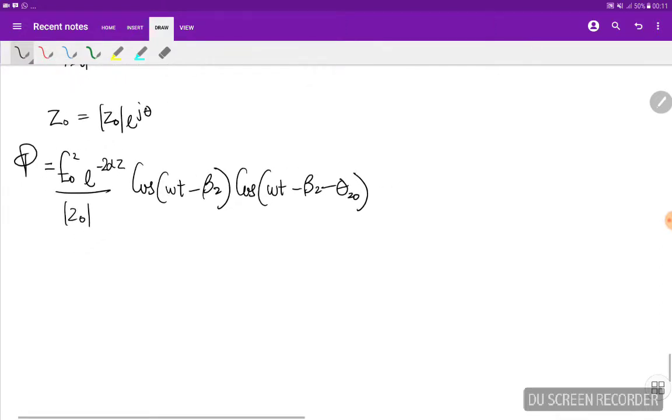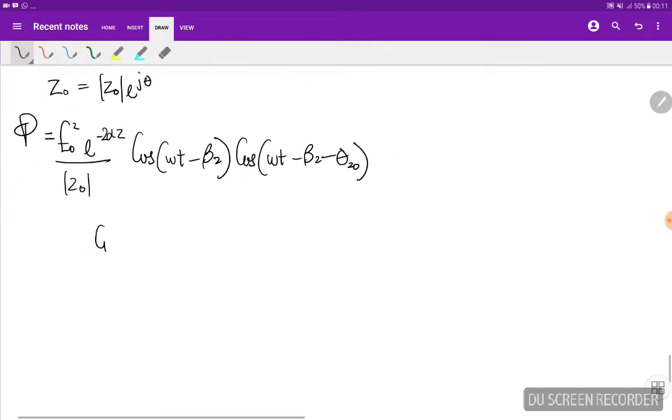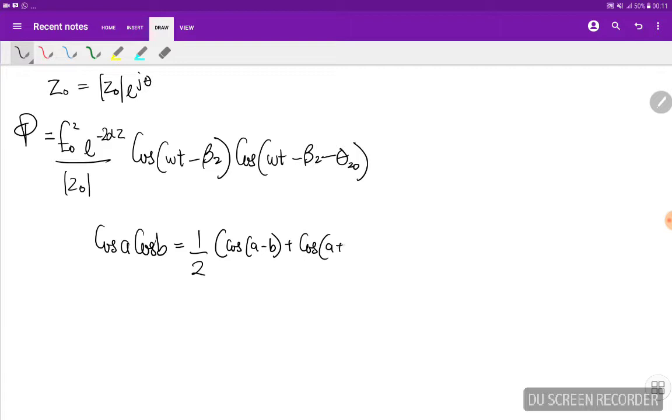All right. Now, cos A cos B is equal to 1 over 2 into bracket cos(A minus B) plus cos(A plus B).